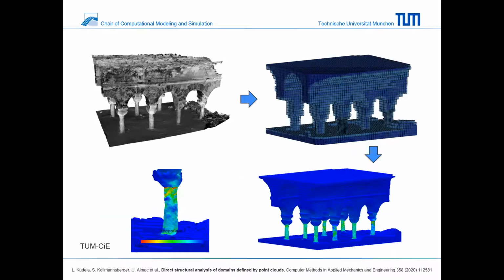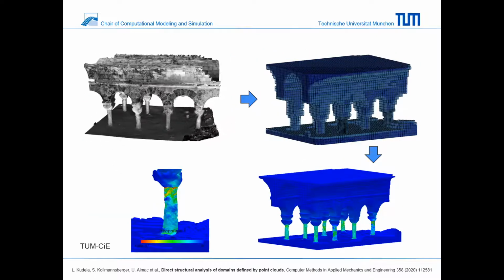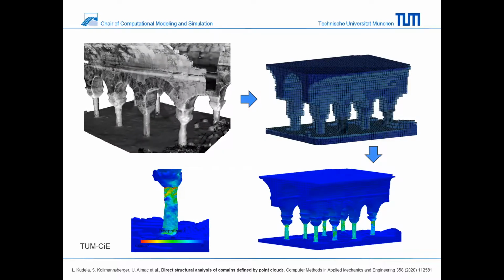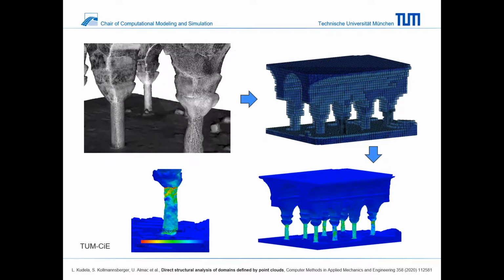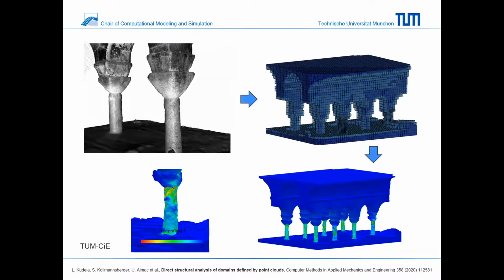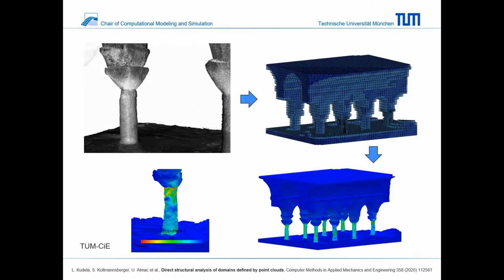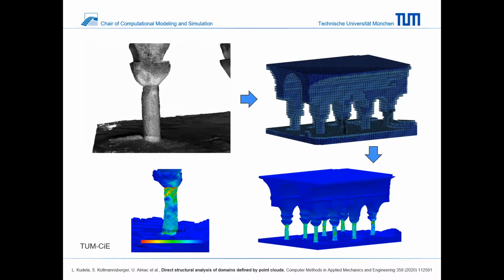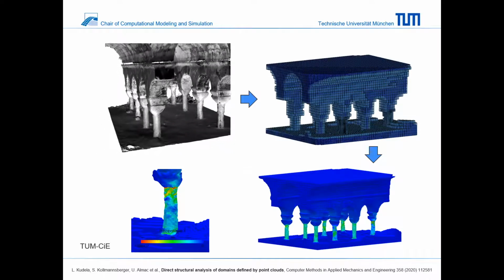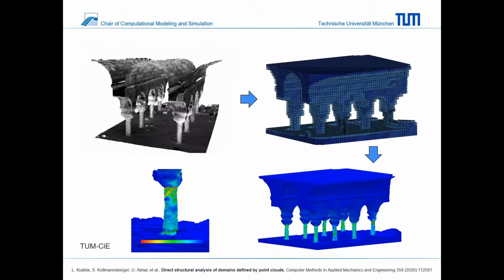I brought along one example of a very old facility. That's actually a building from the Greeks, a Greek temple. This has been captured using photogrammetry, and the point cloud has been generated. And on the basis of this point cloud, a computation mesh has been generated.